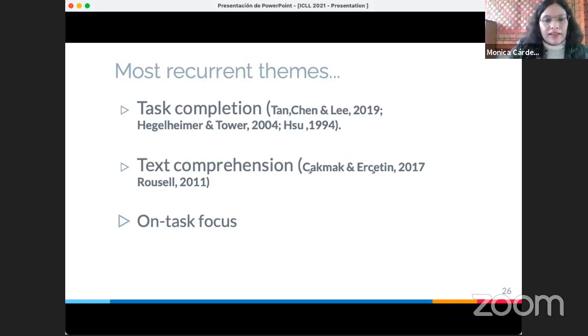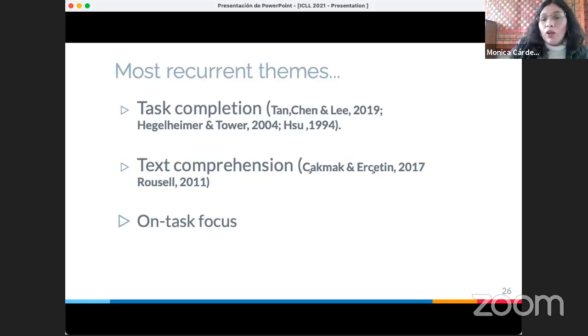Also, our findings that listeners use ABC buttons for text comprehension purposes align with the work of Cakmak and Erçetin in 2017 and Russell 2011. Although we need to clarify that their focus was on strategies, not on finding out the reasons or what triggers second language listeners to use those ABC buttons.